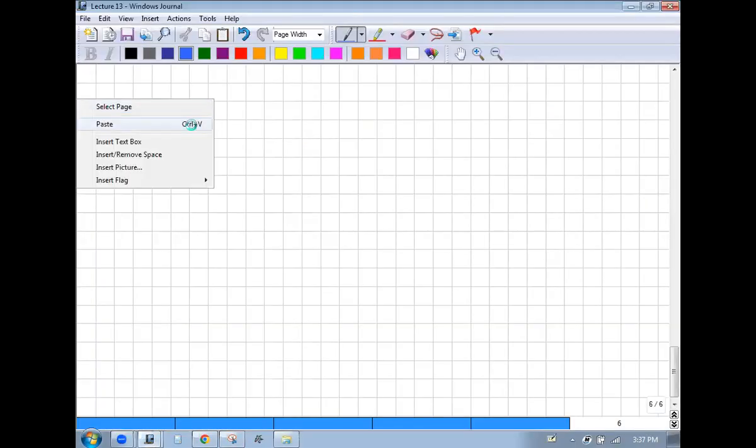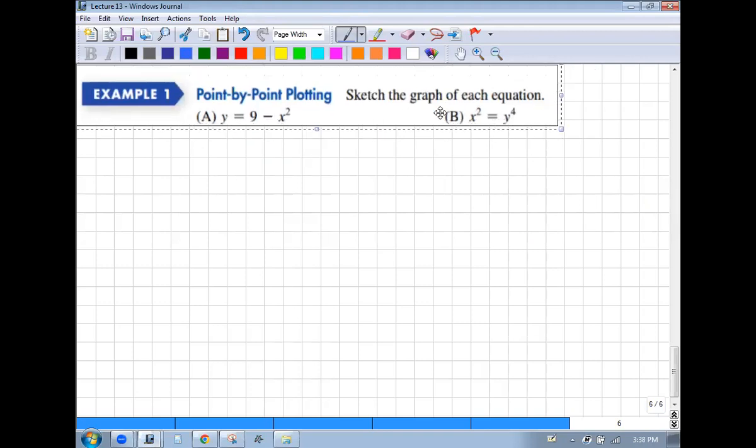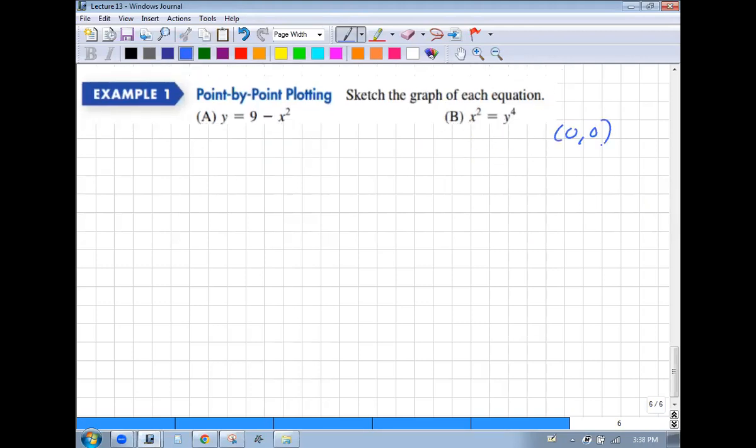Let's look at this guy, right? Obviously, if X is 0, Y has to be 0, right? If X is 1, Y has to be 1, right? If X is minus 1, minus 1 squared is 1. Let's see.